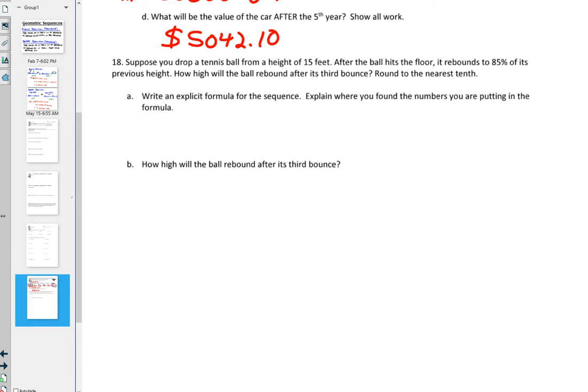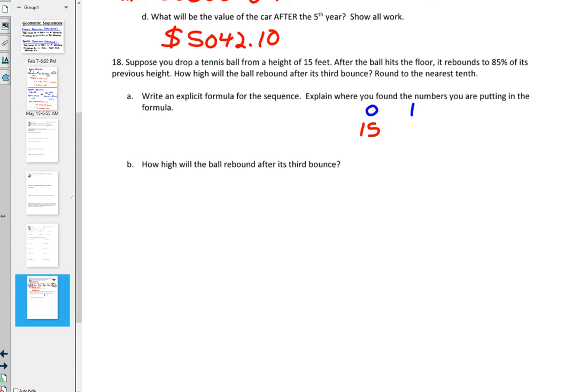So like, look, I'm not being asked to do this, but maybe it'll help you to see it. Okay, let's do it here on the side. After 0 bounces, how high is the ball? Yeah, 15. So that 15 counts as 0 because no bounces have passed. Whereas after one bounce, 15 times, what is it, 0.85?